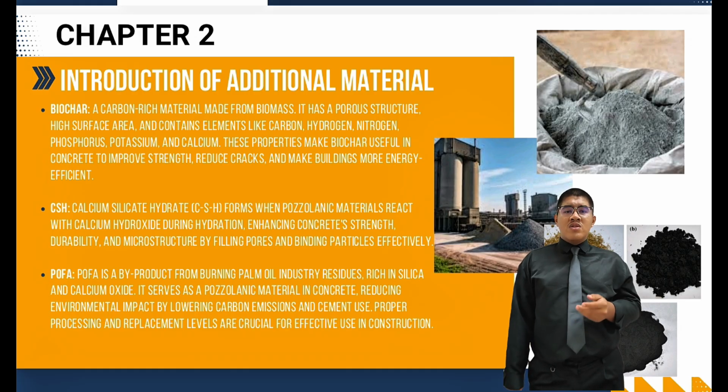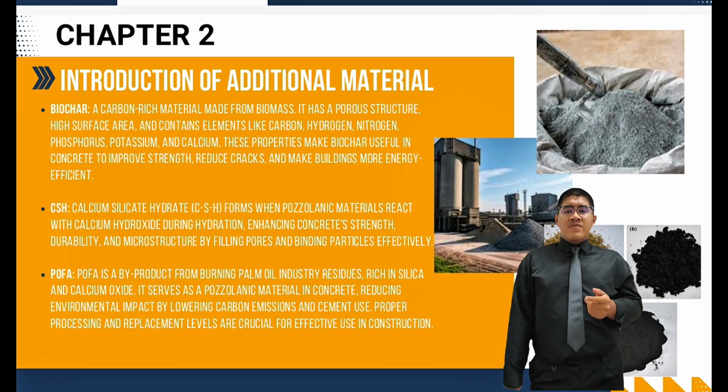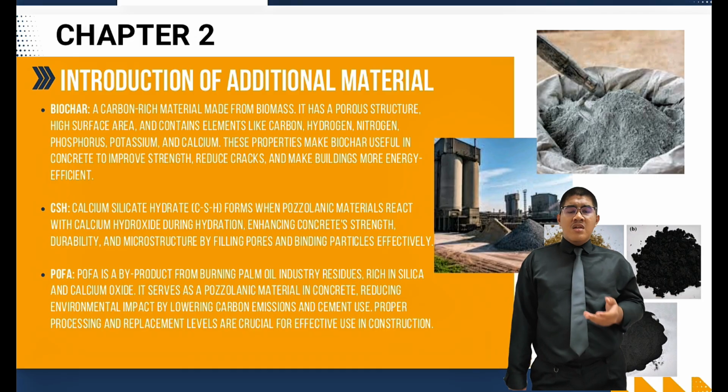In short, biochar not only strengthens concrete but also supports sustainable and eco-friendly construction. Second, coconut shell ash is formed when pozzolanic material reacts with calcium hydroxide during the hydration process. It plays a key role in enhancing the strength, durability, and microstructure of concrete.